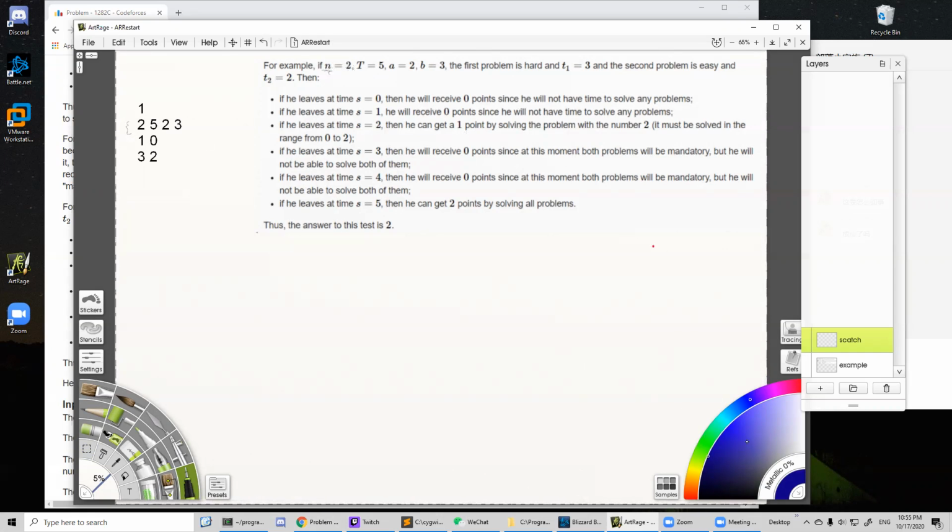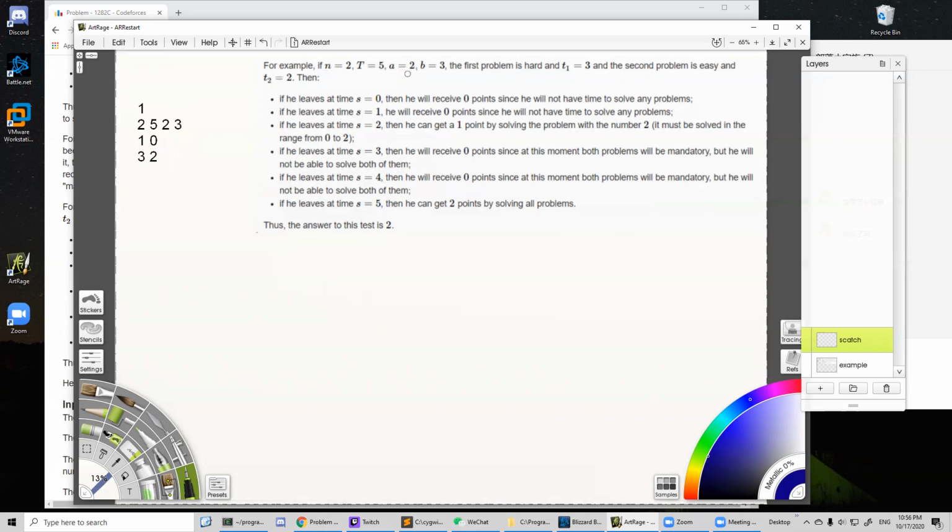That means how many problems there are in the exam, and t is the maximum time for the exam, and a is the time to solve an easy problem. So for example, this problem is an easy problem, and this one is a hard problem, right?